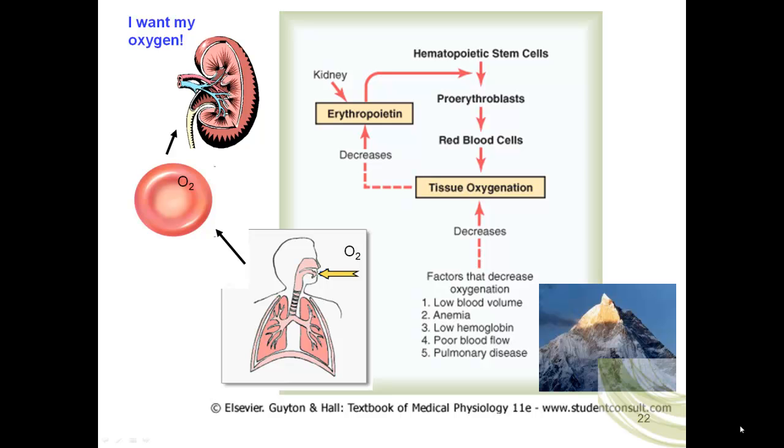Or maybe they have reduced numbers of red blood cells. Maybe they have a condition, a type of anemia. Or maybe they've lost blood because they've had a severe hemorrhage. These are just a few ways where a person can have a reduced oxygen content without hiking to the top of a mountain.